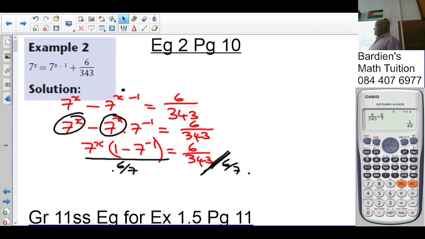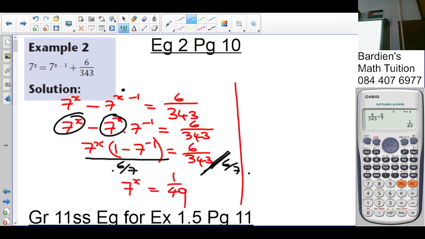You understand? So what do we have at this point? 7 to the x is equal to 1 over 49. So what do I do now? 49 can be written as what? 7 squared.